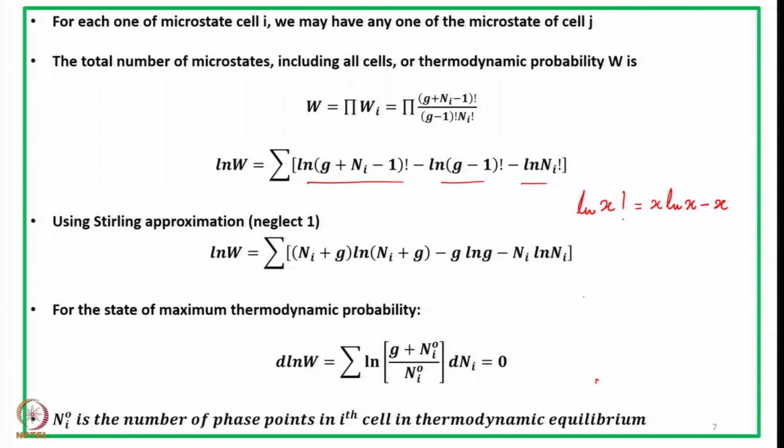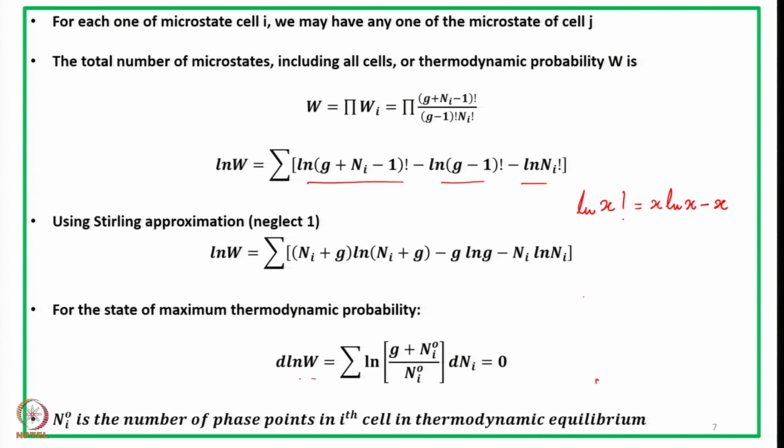Going by the same method, because we have to now find the state of maximum thermodynamic probability. And what is that maximum thermodynamic probability? Since we have decided to work on log W, that means the derivative of this log W we should set equal to 0 and then find out the corresponding expression.